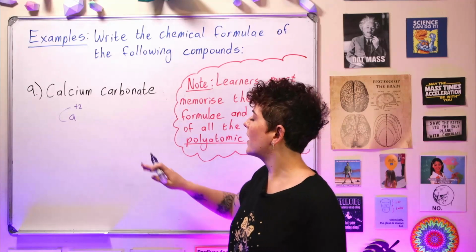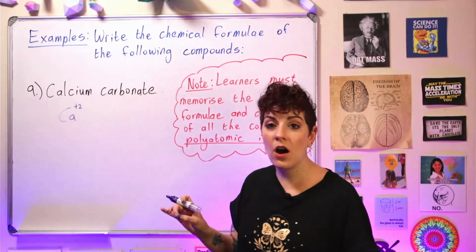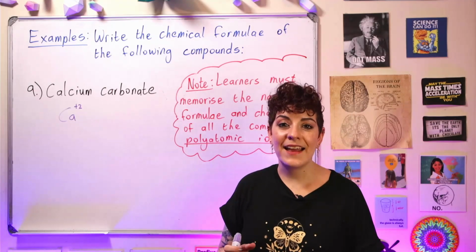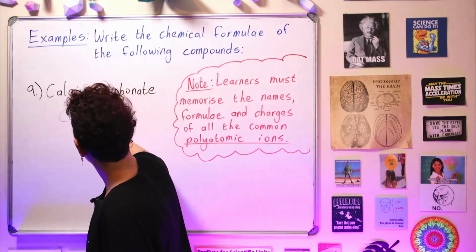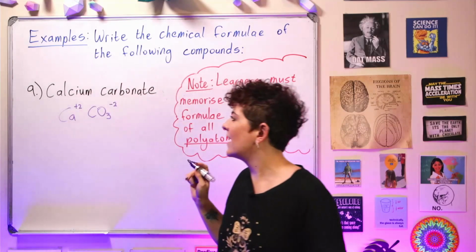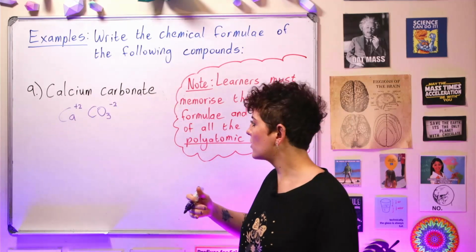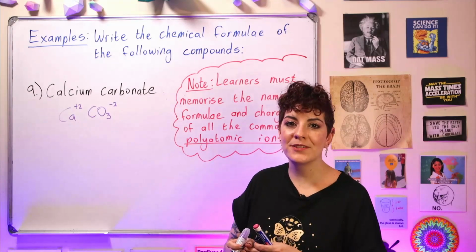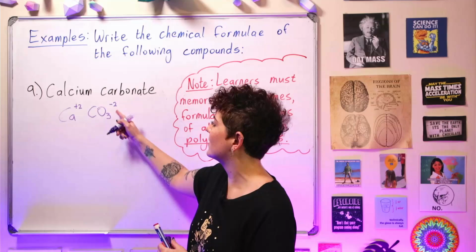Now, learners would have to recognize this word carbonate as a polyatomic ion. It has the formula CO3 minus 2. So it is a group of atoms, 1 carbon and 3 oxygens, where the group of 4 atoms together has a charge of minus 2.